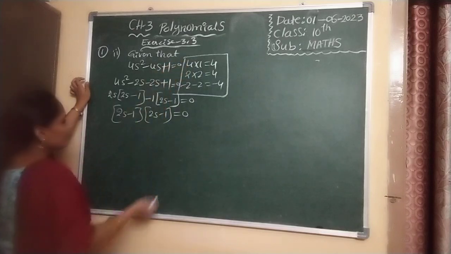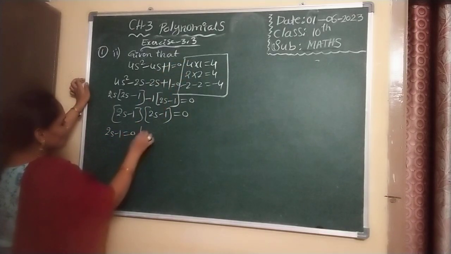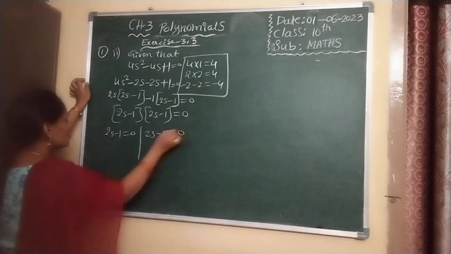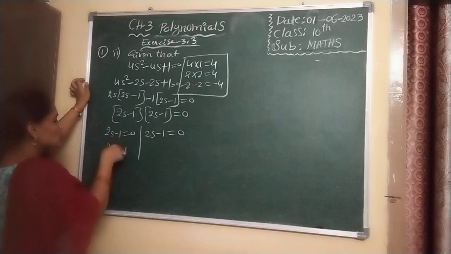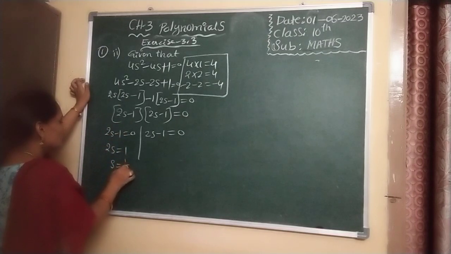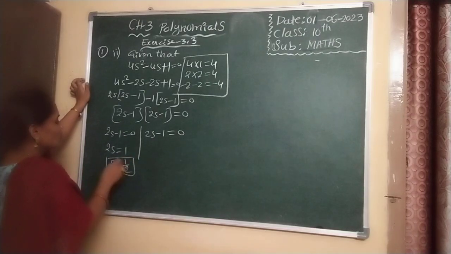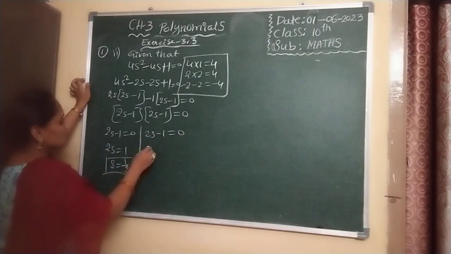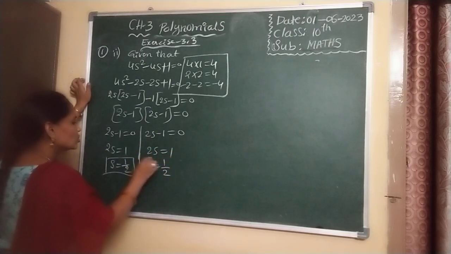Now this polynomial is equal to 0, so if you equate to 0, 2s minus 1 is equal to 0. So 2s is equal to plus 1, transpose of minus 1 plus 1, transpose of 2 divided by 2. Why? Because here multiplication is there, so if you transpose, it will become division. Similarly here also 1 by 2.